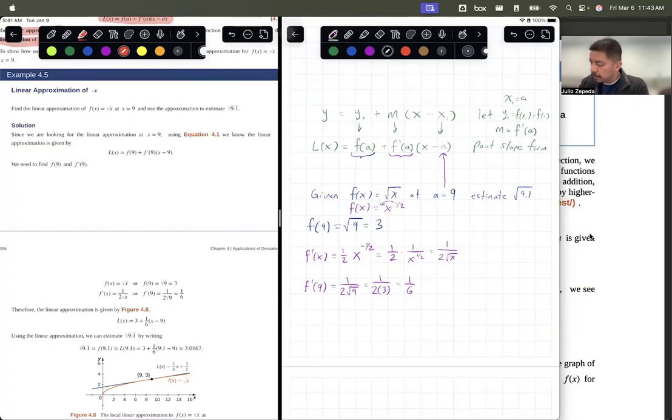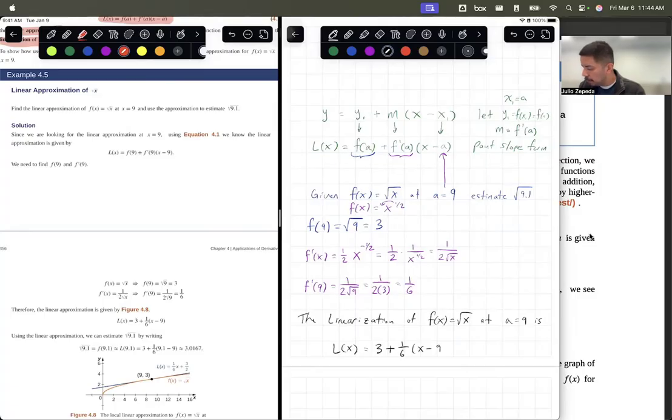So the linearization, I'll write it in words here, linearization of f of x equals the square root of x at, let's say, a equals 9 is L of x, which is equal to f of a, 3, plus f prime of a, 1/6, times x minus a, 9.